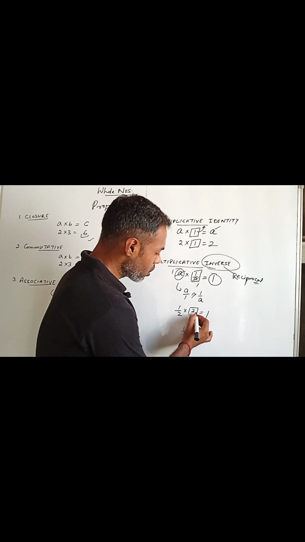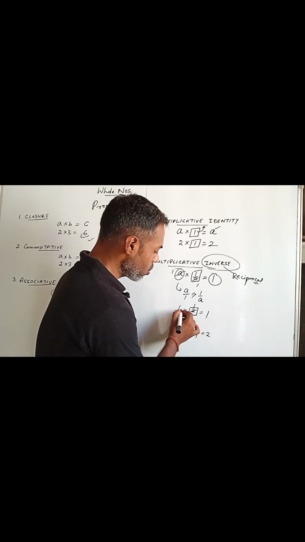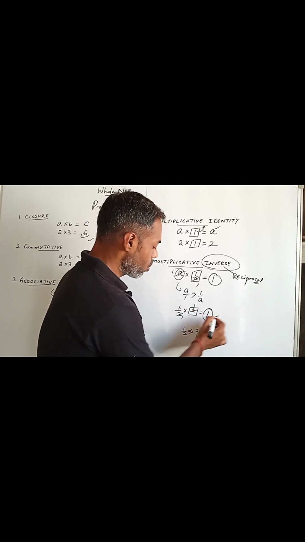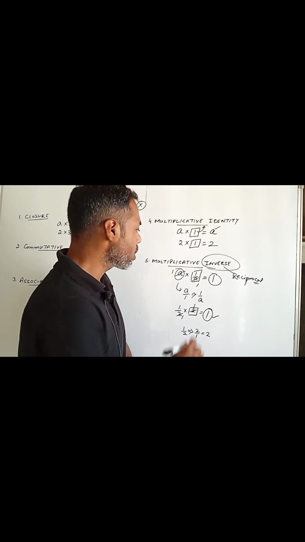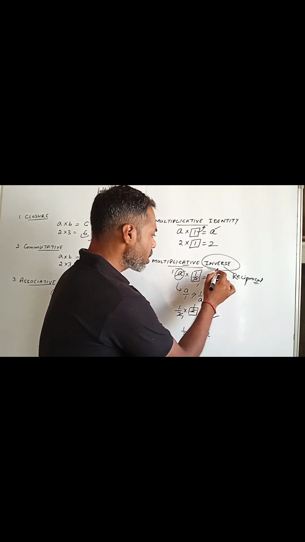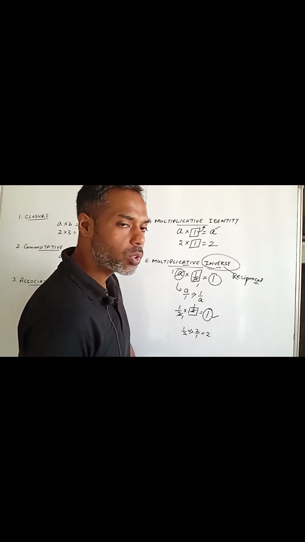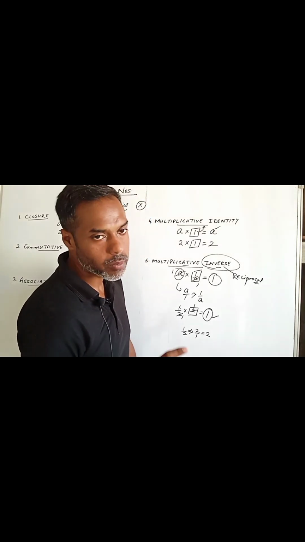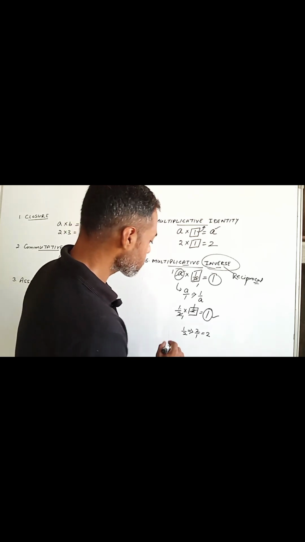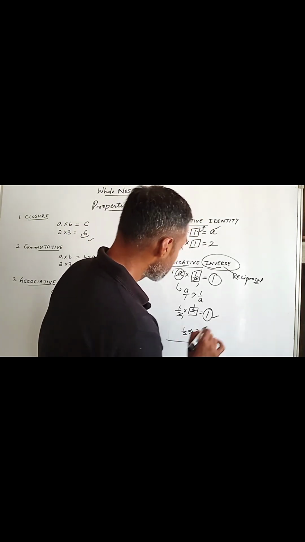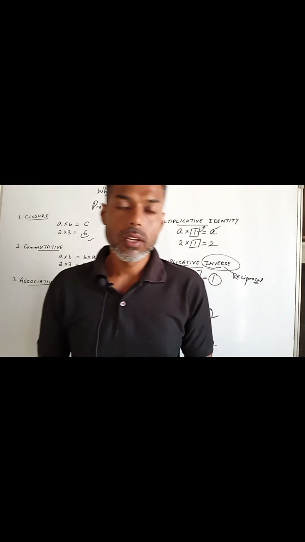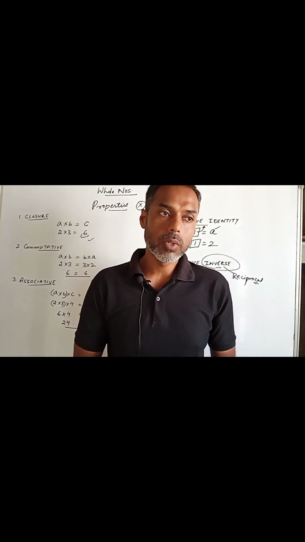So we write 2 and we get 1: 2 ones are 2, 2 twos are 2 cancel and 1 times 1 is 1. Whenever a question asks for the multiplicative inverse of any number, just take the reciprocal of that number and that will be your answer. So we have learned all these properties in the case of multiplication of whole numbers. Thank you.